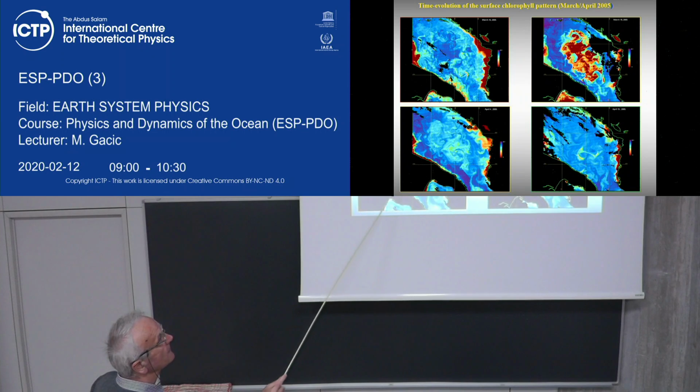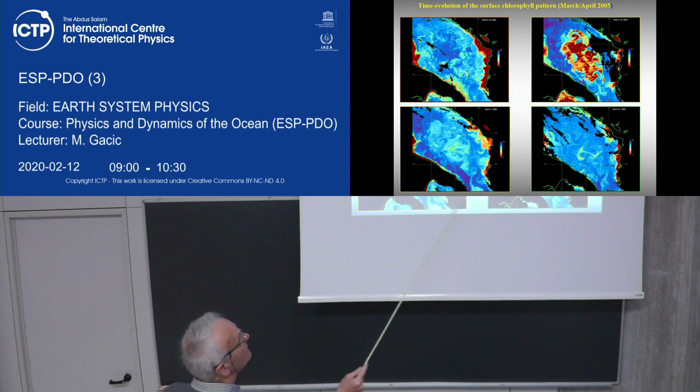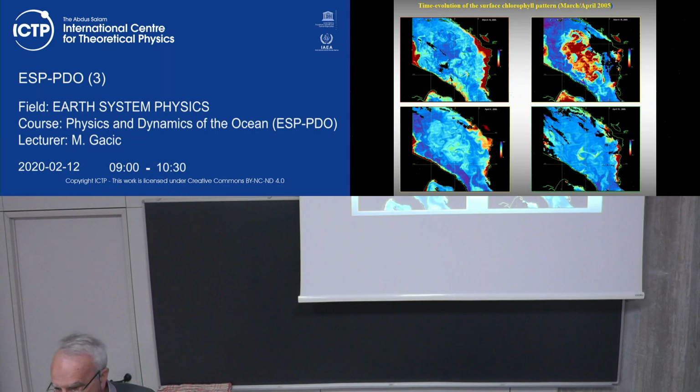There are vortices along the boundaries of the dense water formation site, but the differences are smoothed down a lot. And finally, on April 15, only 10 days later, there is no sign of the dense water formation at all.